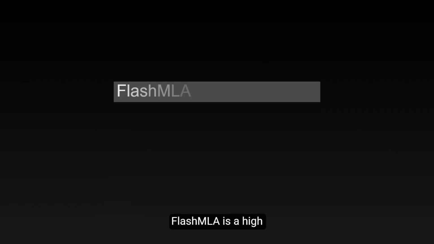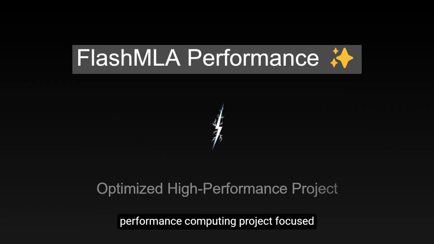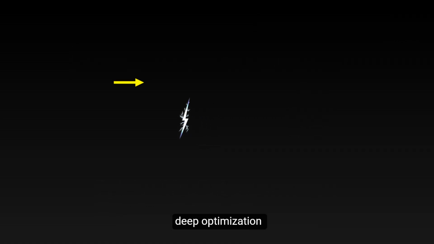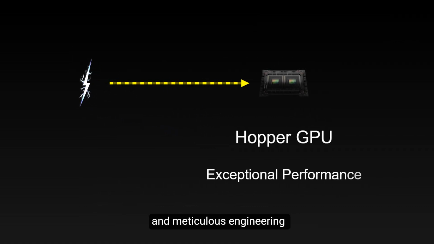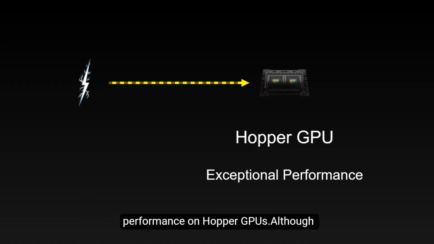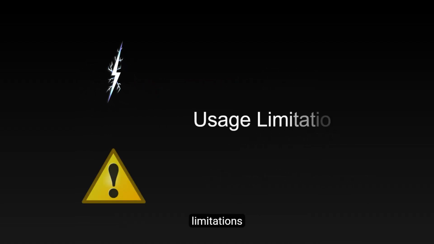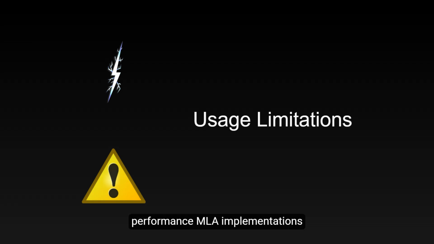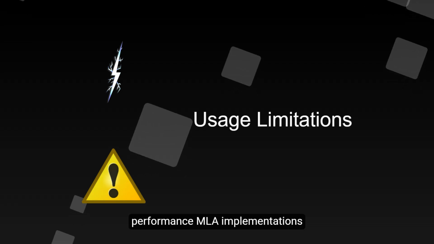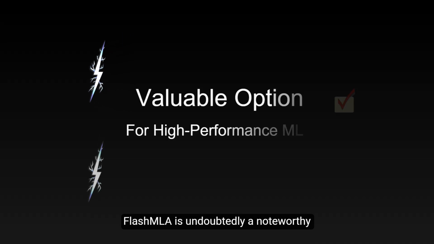FlashMLA is a high-performance computing project focused on optimizing specific scenarios. Through deep optimization and meticulous engineering, it has demonstrated outstanding performance on Hopper GPUs, although there are still some usage limitations. For projects requiring high-performance MLA implementations, FlashMLA is undoubtedly a noteworthy choice.